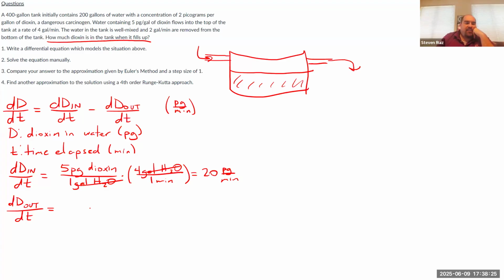The amount of dioxin in the tank at any given time is D. And I know the water is well mixed, so the amount of dioxin that's going to leave the tank is going to leave by ratio. I told you to keep the units in mind, so what's leaving is D picograms of dioxin. So how do I control for the concentration of that?